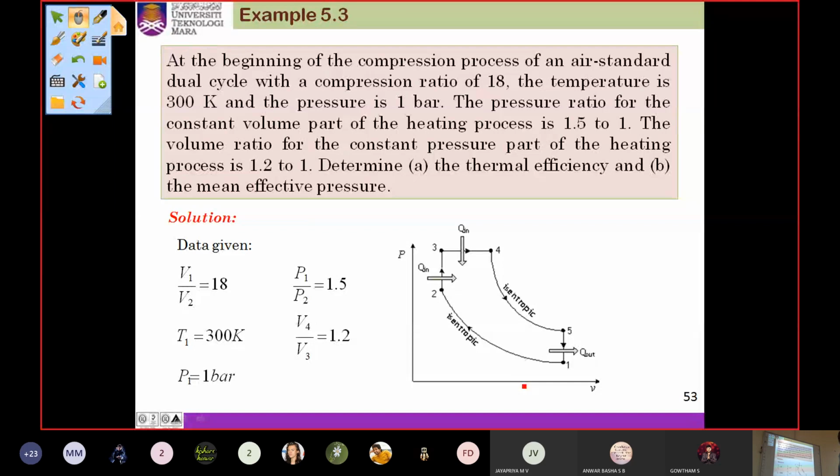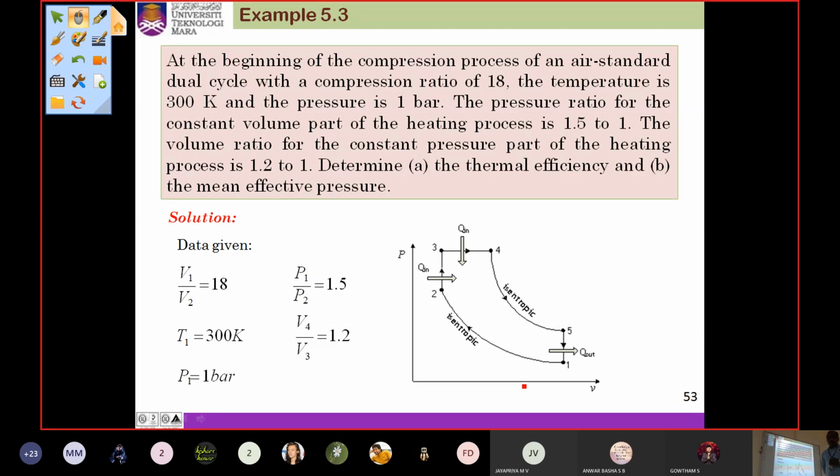At the beginning of the compression process of an air standard dual cycle, the compression ratio is given, V1 by V2 is 80. Temperature T1 is 300 Kelvin, and the pressure P1 is 1 bar. The pressure ratio for the constant volume part of the heating process is 1.5, so Rp, P3 by P2, is given as 1.5.